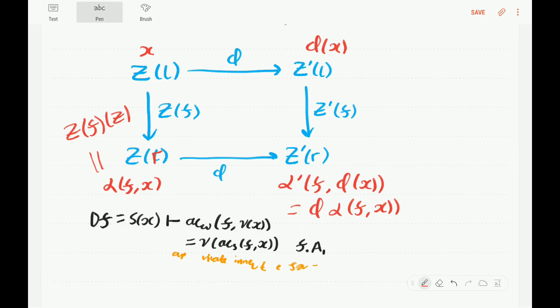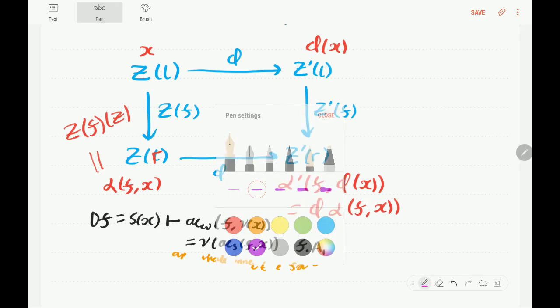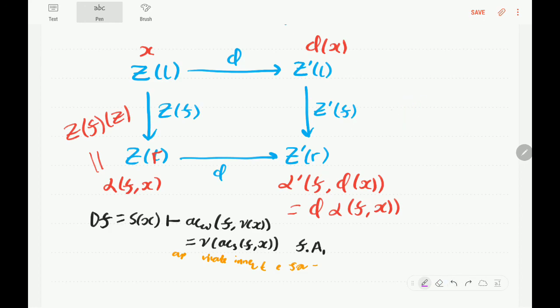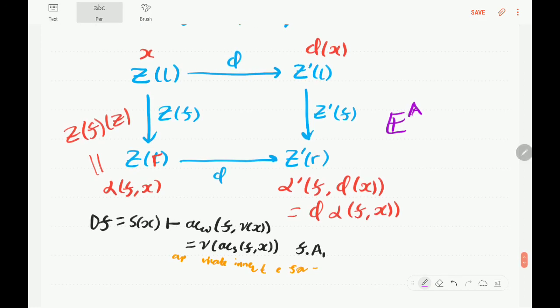But anyway, this is basically it. Then the idea is just that e to the a has as objects these functors from A to E, where each such functor corresponds to a sort of arrow like this that's ascribing the internal types together with an action which satisfy those conditions.